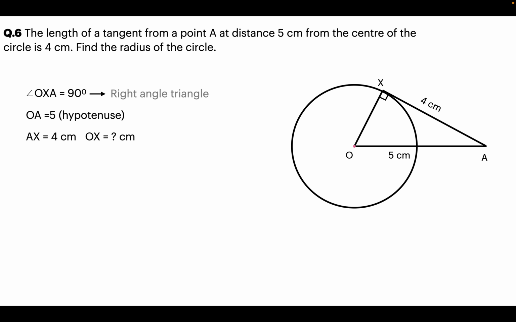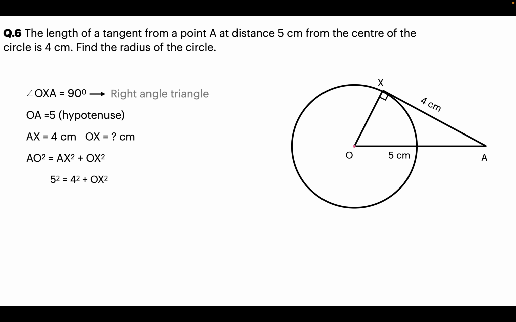So we can use Pythagoras theorem here. That means the hypotenuse square, or AO square, equals the square of the length of the perpendicular, which is AX square, plus the square of the base, which is OX square. So let's plug in the values.